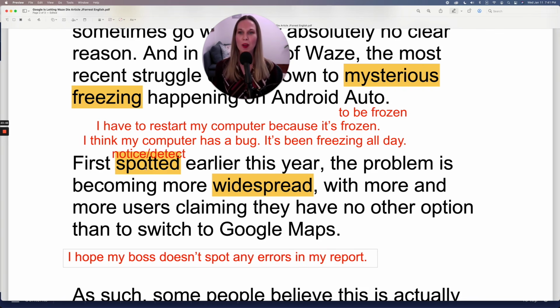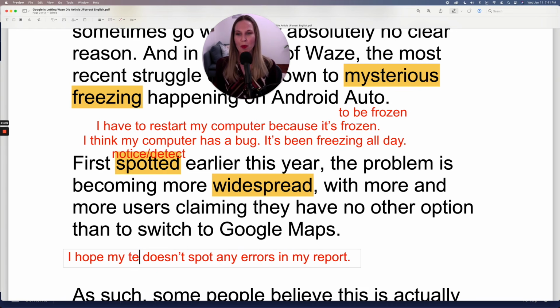I hope my boss doesn't notice, doesn't detect. Another way of saying see, basically. I hope my boss doesn't see. See because you're looking specifically for it. I hope my boss doesn't spot any errors in my report.